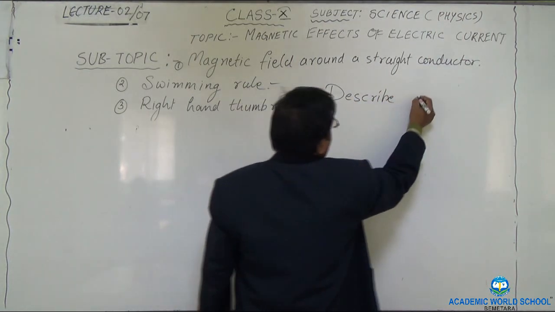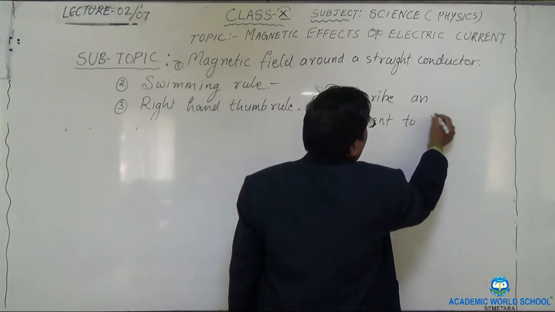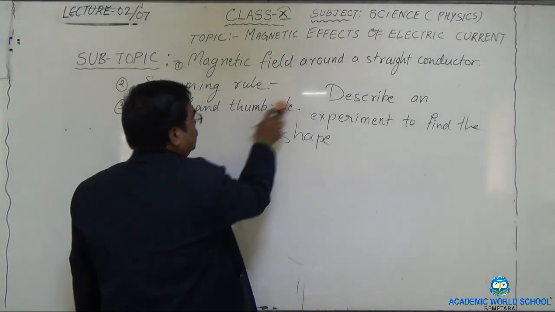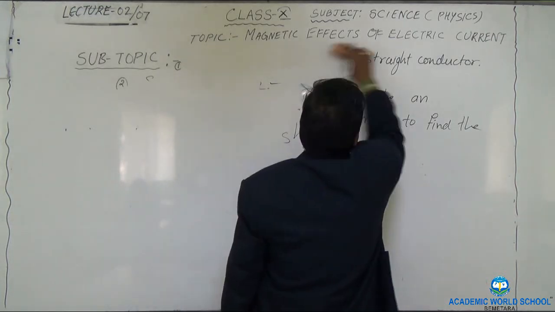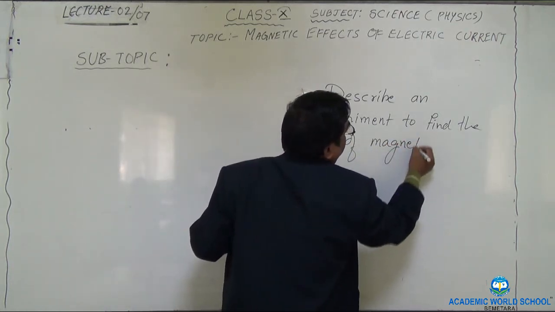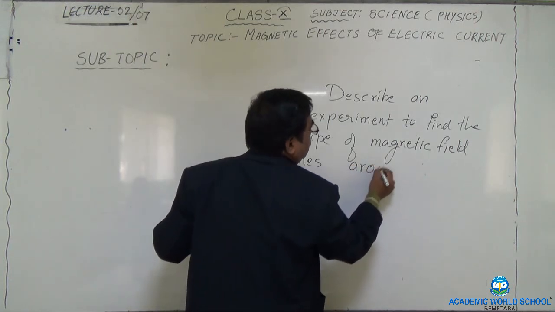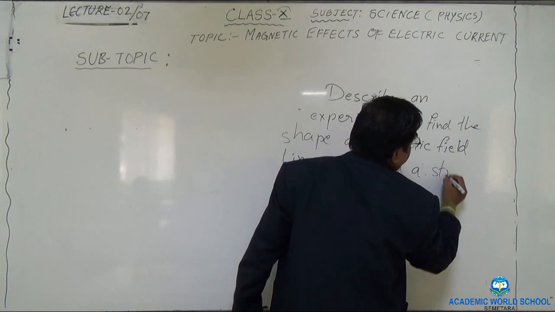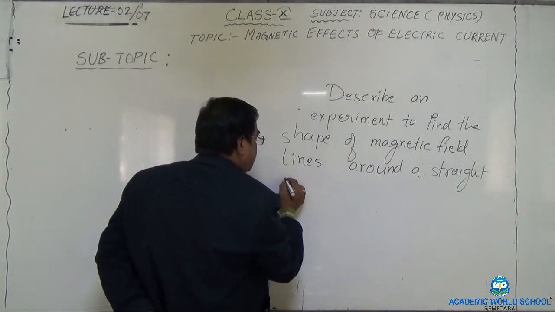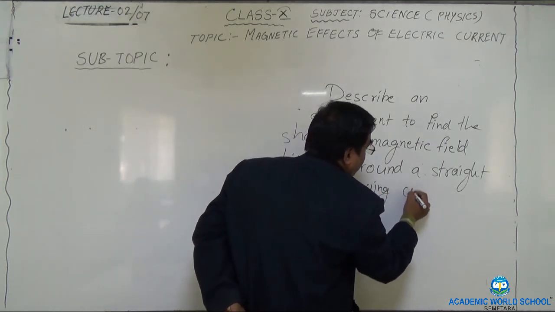Describe an experiment to find the shape of magnetic field lines around a straight current carrying conductor.